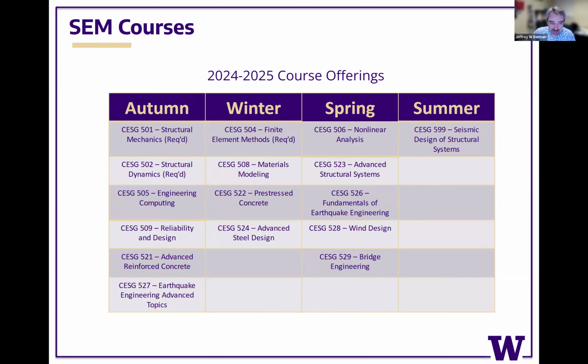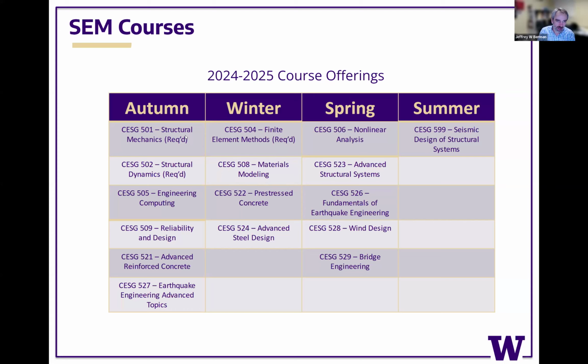So for the courses within the structural engineering program, what is offered this year will differ a little bit from what is offered next year. Things move around each year just a little bit. But we have not set next year's schedule in stone yet, so that's why it's not here. Instead, we'll use this year's as a proxy for what will be offered next year.